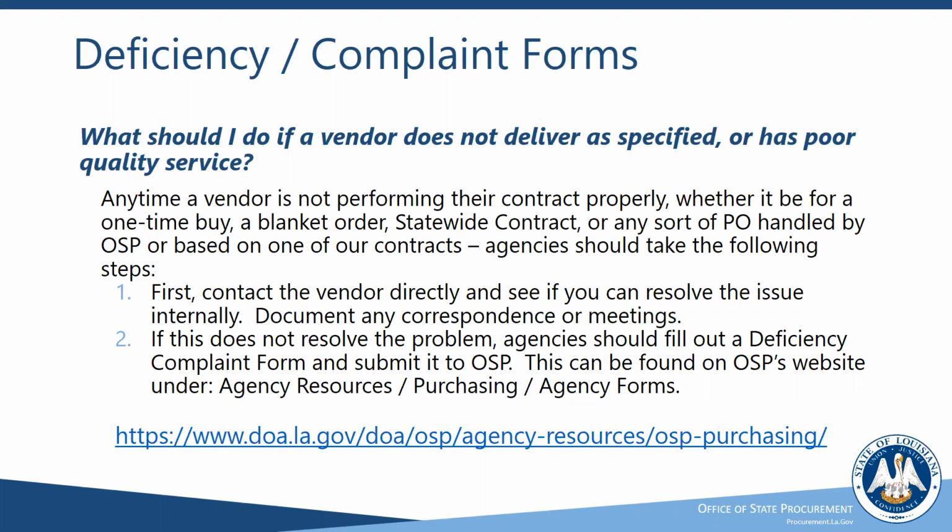If it costs the agency more than the original purchase order, we can surcharge the difference in cost. That deficient vendor will be suspended and will not be awarded any solicitations or ITBs from our office until that charge is paid in full to the agency. So that is always an option.